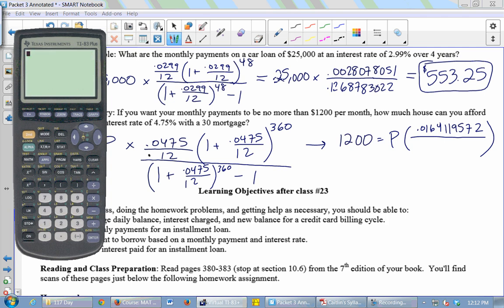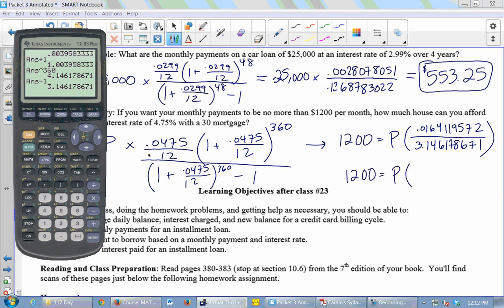Now I'm going to work in the denominator. So 0.0475 divided by 12 plus 1 raised to the 360 minus 1. 3.146178671. Then I'm going to do that division. 0.016411.